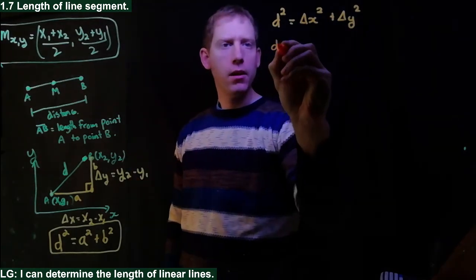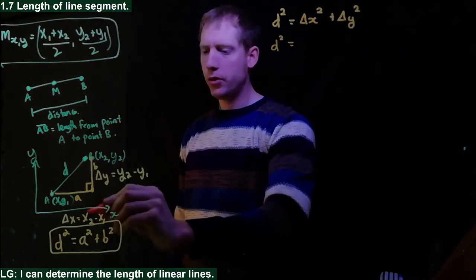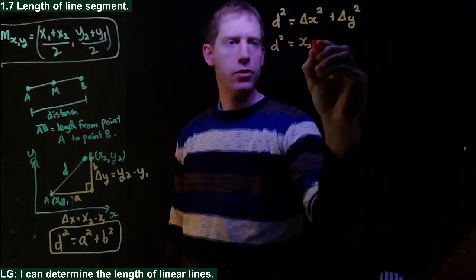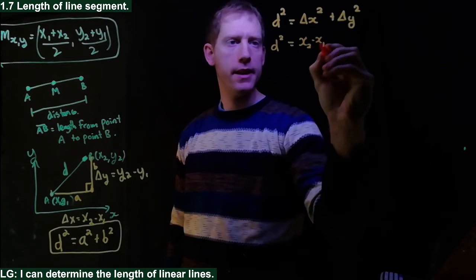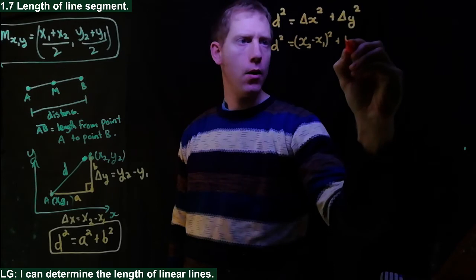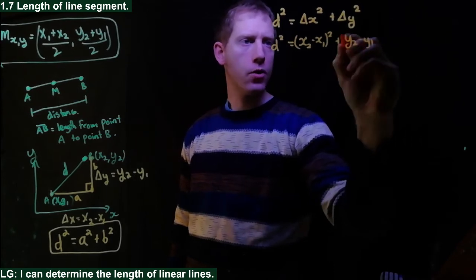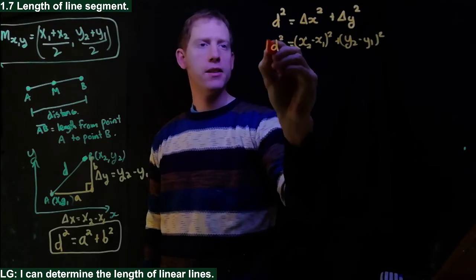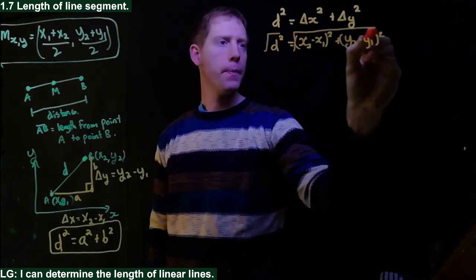And we know that delta x is equal to the difference of your two x values. It's going to be x2 minus x1 squared plus y2 minus y1 squared. We just want to find the distance, so it's going to be the square root.